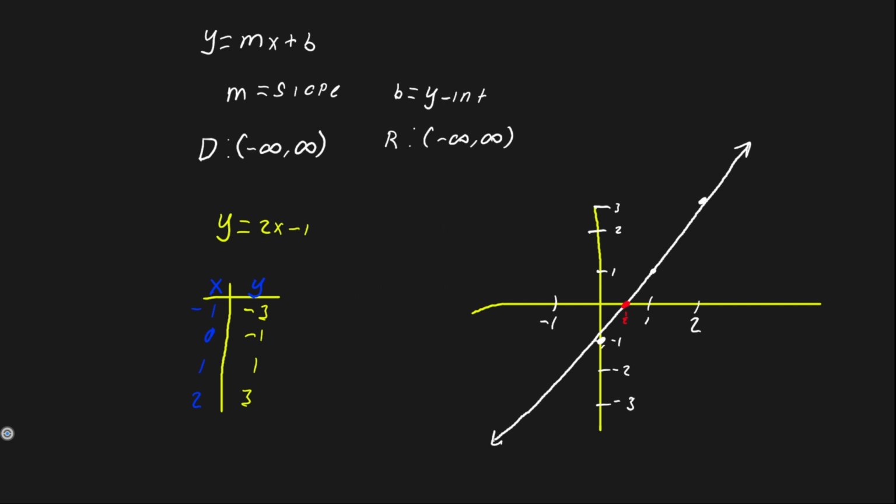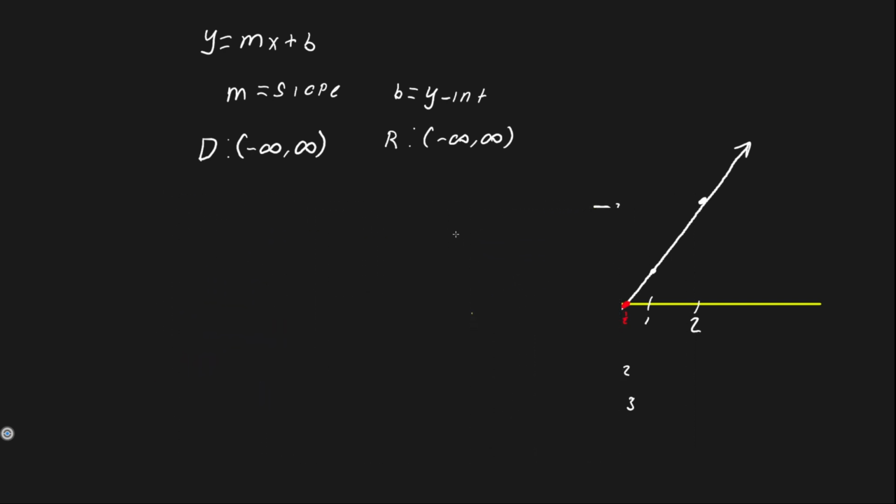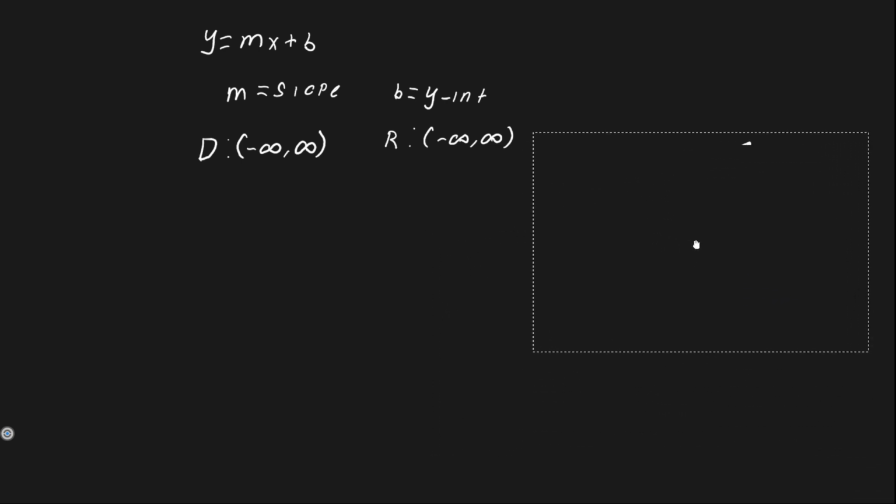So we're also going to look at another example where we're going to find the slope. So we're going to have y is equal to mx plus 4.